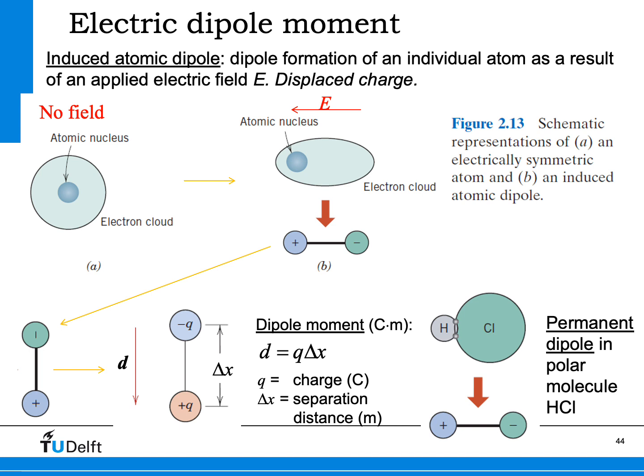So you have a permanent dipole in this polar molecule, and that can be expressed by the same symbol as we used before for the dipole moment.